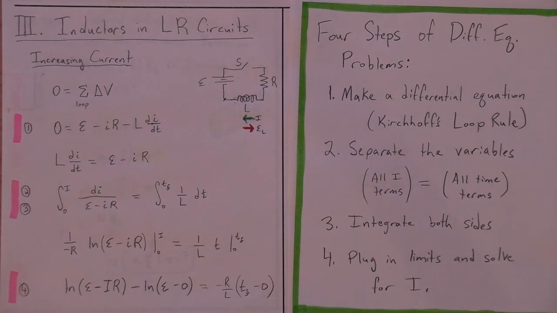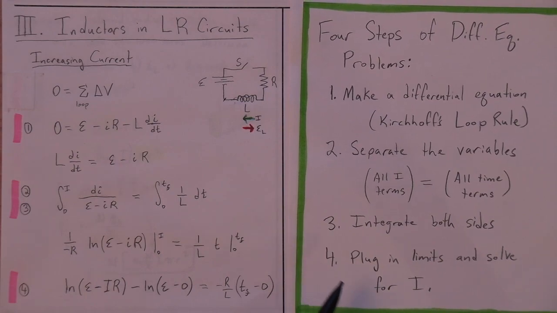Now this is like a natural log because I have dI and I in the bottom, but because I have minus IR here, if you use a u substitution, you would see that generates a minus 1 over R, and the natural log of this entire denominator from limit 0 to I. This side is the easiest integral possible: dt integrates to t, from our limits 0 to t final. And then the final step, you plug in your limits and solve for the current.